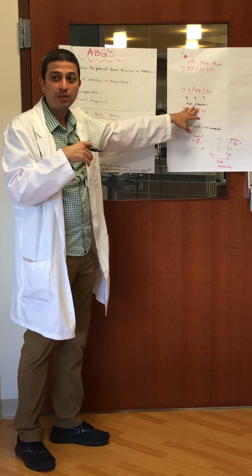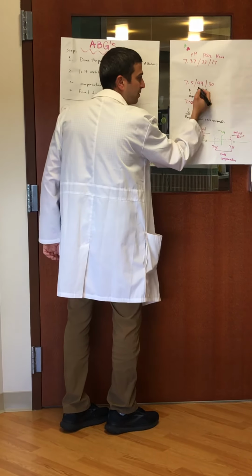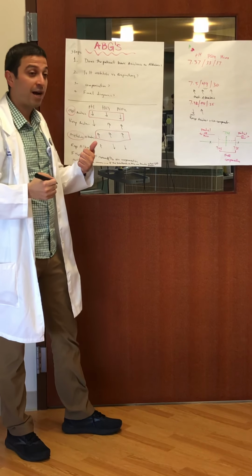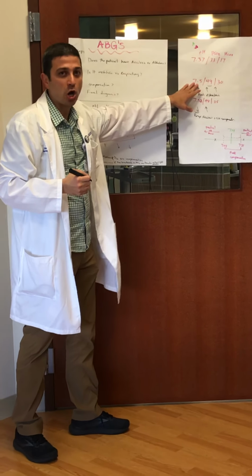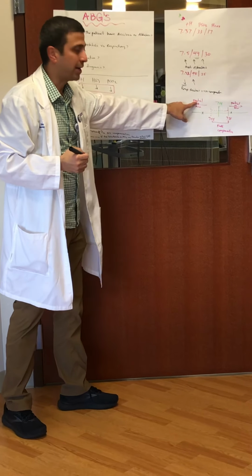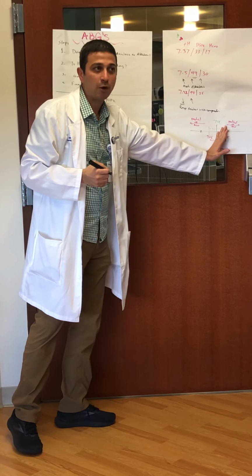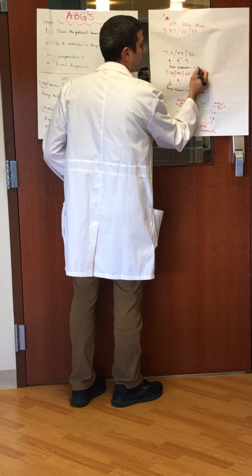So I expect the carbon dioxide to go up. Did it do that? Yes. So the carbon dioxide went up to 49, up from 40. But is the pH normal or not? No. So it's a partial compensation here, because it didn't bring the pH all the way down to that range, okay? So it's metabolic alkalosis plus partial compensation.